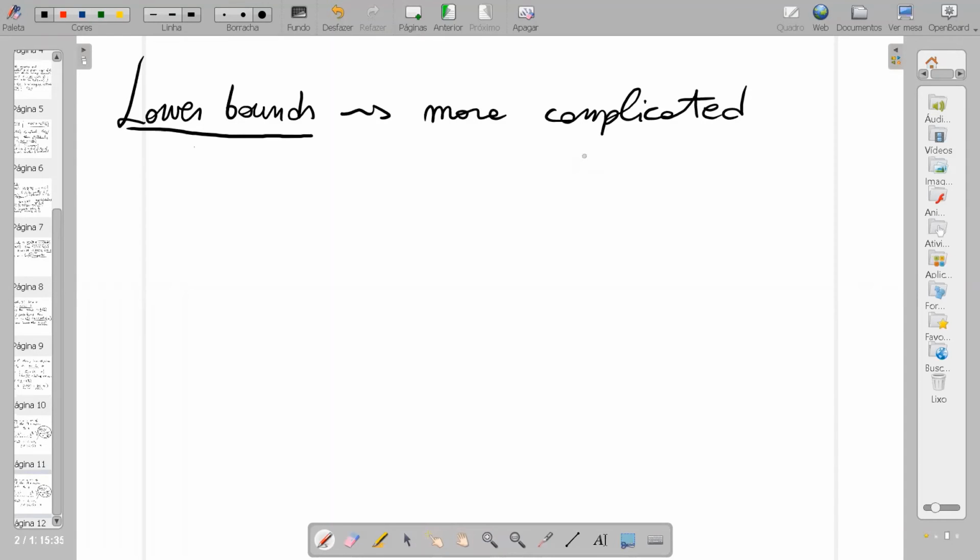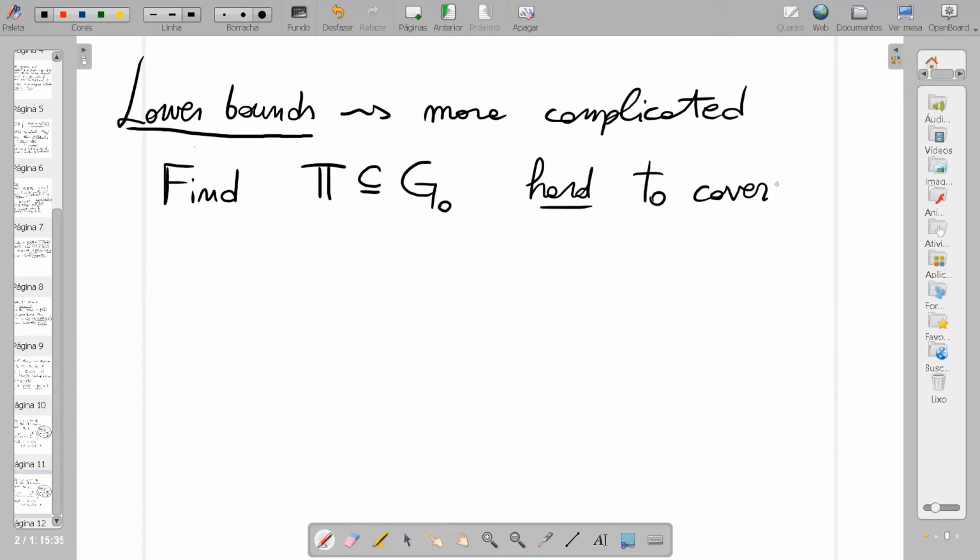So the technique is to find a set pi of primary elements that is hard to cover. In terms of generating sets, this would be a set that is possibly a pairwise generating set, or if it's not, then it's close to being a pairwise generating set.